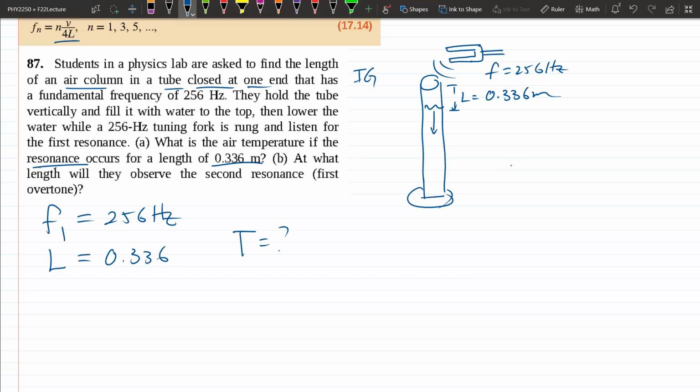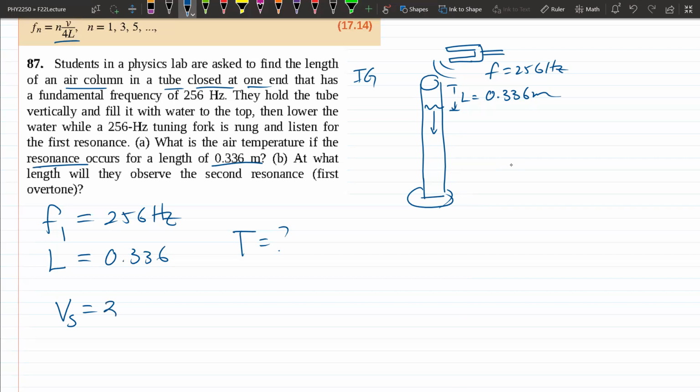How do we figure this out? Anyone have an idea? How is temperature related to the frequencies of sound or the wavelength of sound? Through the speed, yeah. This was from a couple of days ago: the speed of sound in air. We can calculate it using the more complicated Boltzmann constant one.